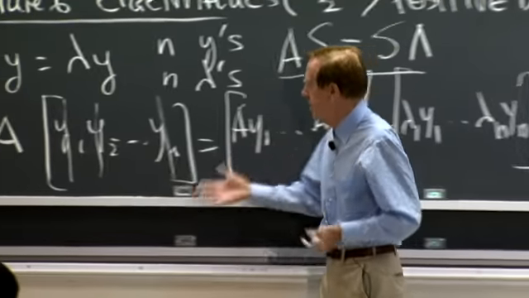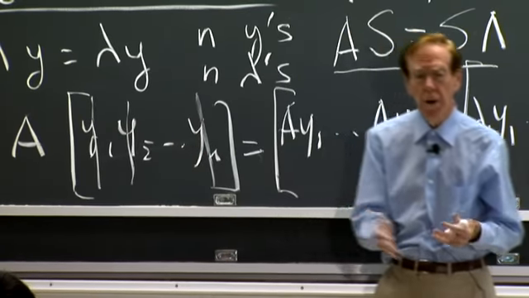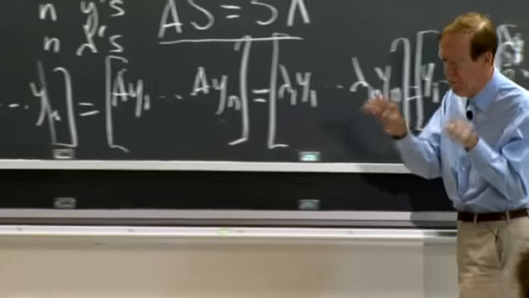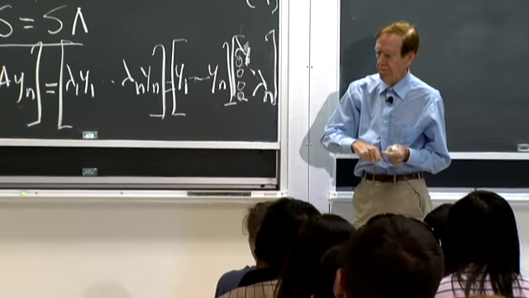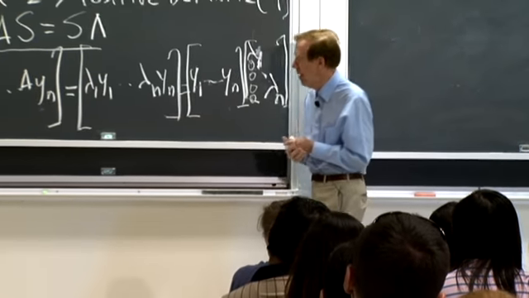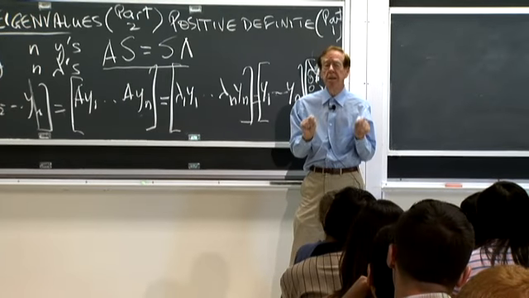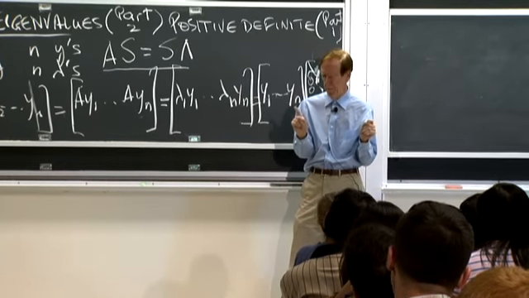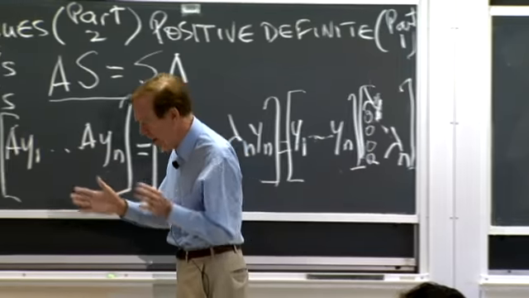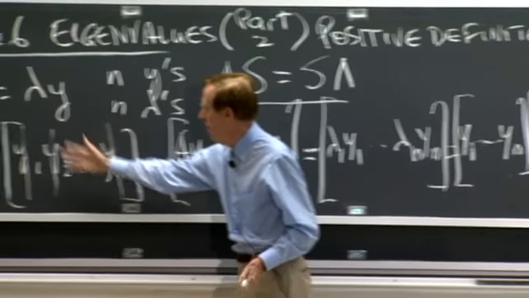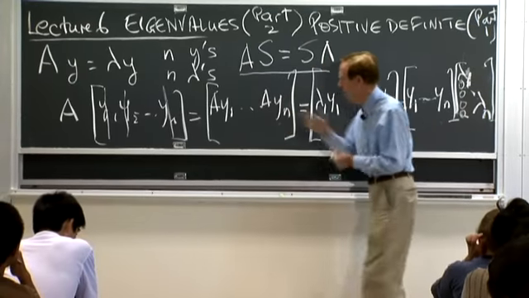What can I say about this matrix S if its n columns are independent? We haven't focused in careful detail, but we have an idea. That means none of them are combinations of the others. We really have n separate directions. Then that matrix is invertible. It's a matrix that's got n independent columns. That's what we're hoping for. That matrix has an inverse. It's all the good facts about matrices.